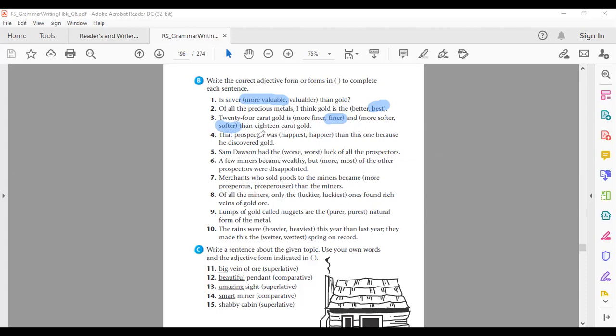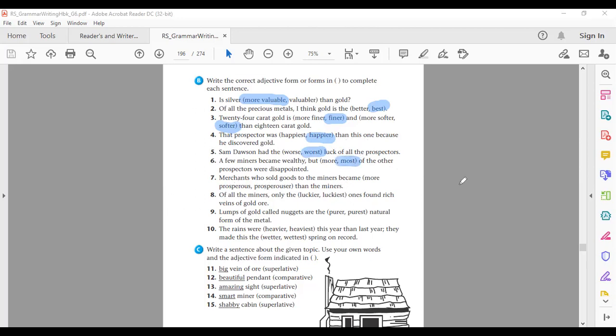Happier, excellent job. Number 5, Sam Dawson had the worst luck of all. Worst. Number 6, what do you think? All of you tell me. Most. Of the other, excellent. Most, because we are comparing one to the whole.